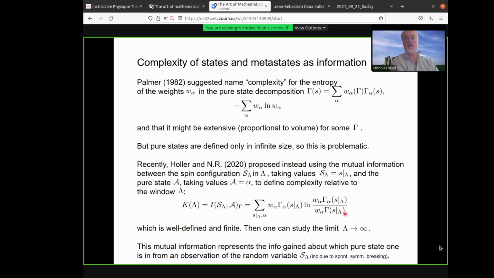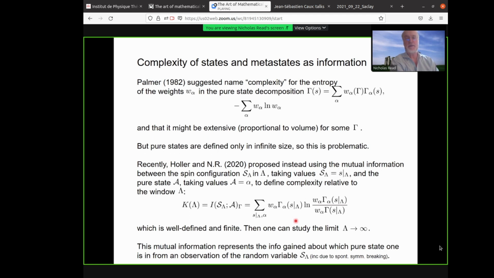And this is this expression. It's got a log in it, because it's an entropy type of thing. And this is what I would say is the complexity of this state. Or at least it's the complexity relativized to a window. So relative to the particular window, we get some number which will be finite. It's guaranteed to be finite.